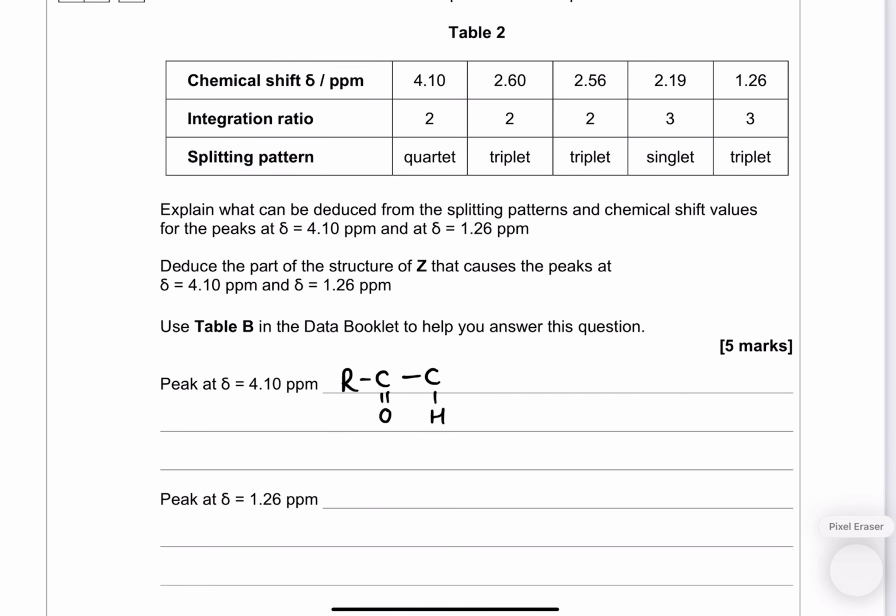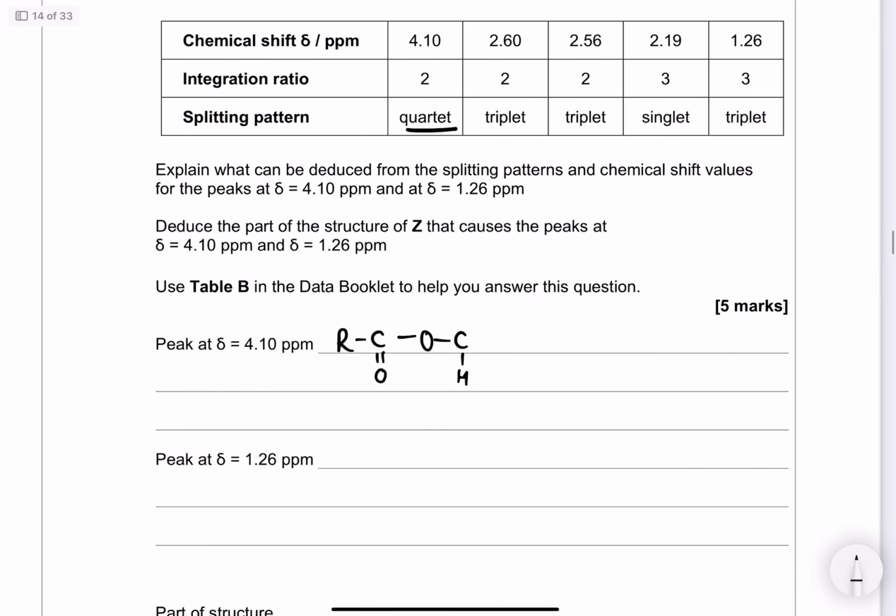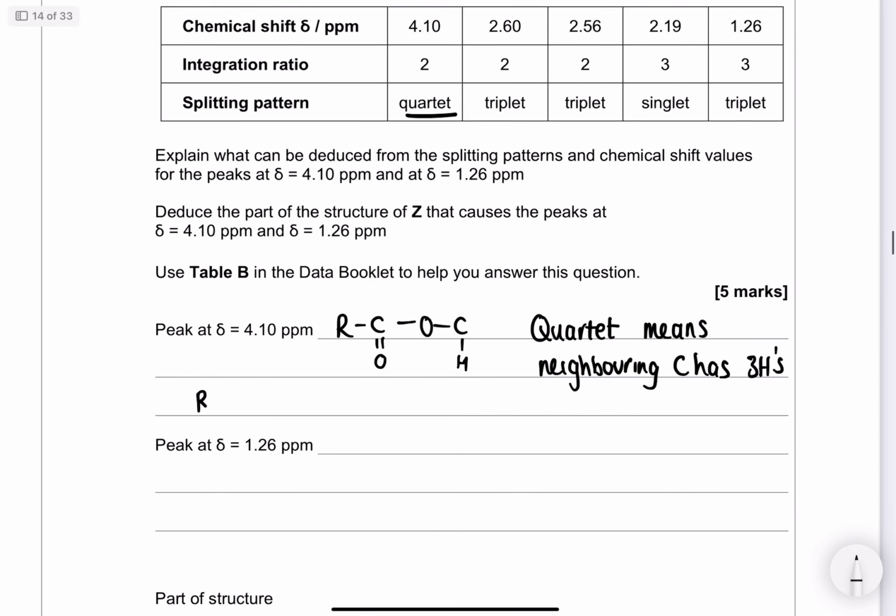Oops, I forgot my oxygen, apologies. And the fact that the splitting is a quartet means that the neighbouring C has 3 H's. Now if we look at the integration, we can also tell that this carbon has 2 H's, so we know that it's a CH2 next to a CH3.